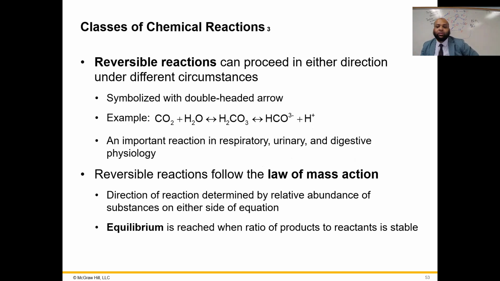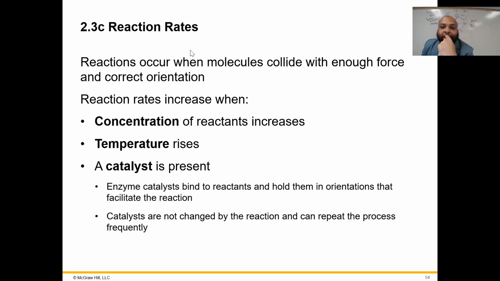The direction of the reaction is determined by the relative abundance of the substances on either side of the equation. Equilibrium is reached when the ratio of the products to reactants is stable. Reactions occur when molecules collide with enough force and correct orientation.